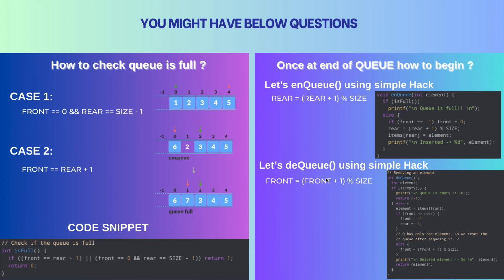So it would be 2, then 3, then 4, then 5, and after that, let's suppose our front is here, then we have to move our front to this point. At that time, we consider front position 4 plus 1, 5, 5 modulo 5 is 0, then our front would be at 0. Okay, so I have implemented this here as well.